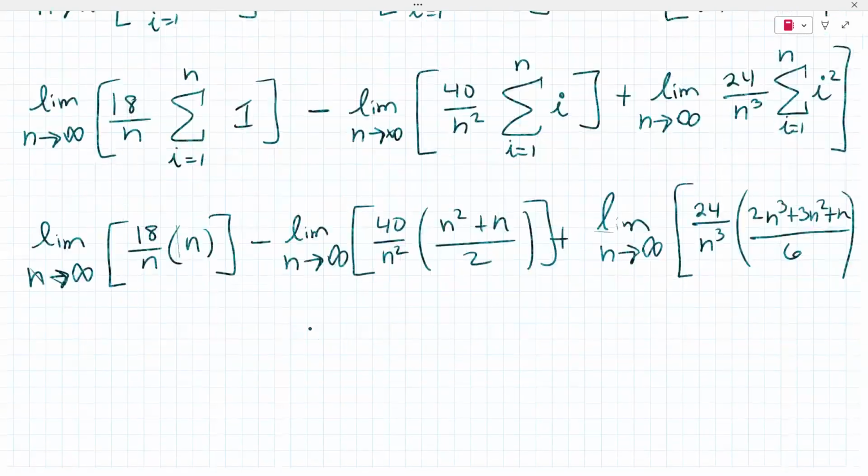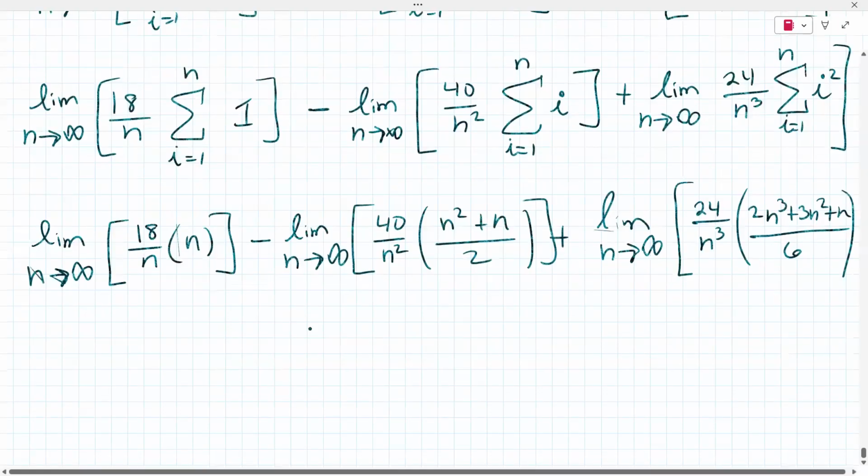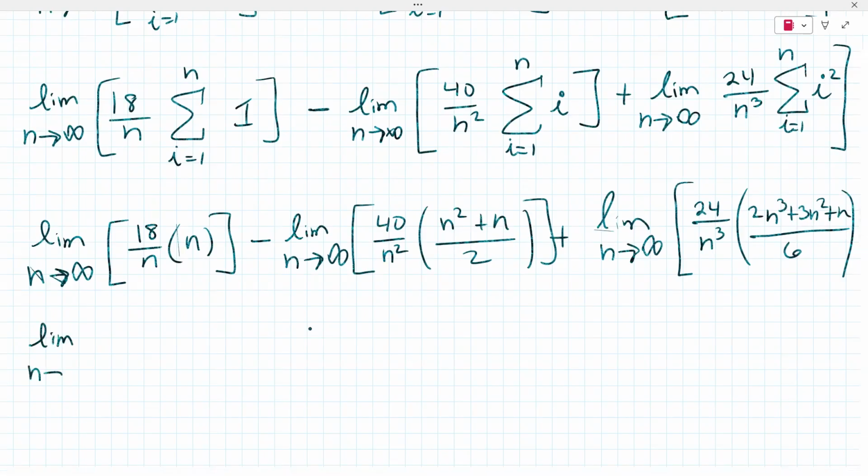Okay. So now this simplifies as the limit as n approaches infinity of 18n over n.